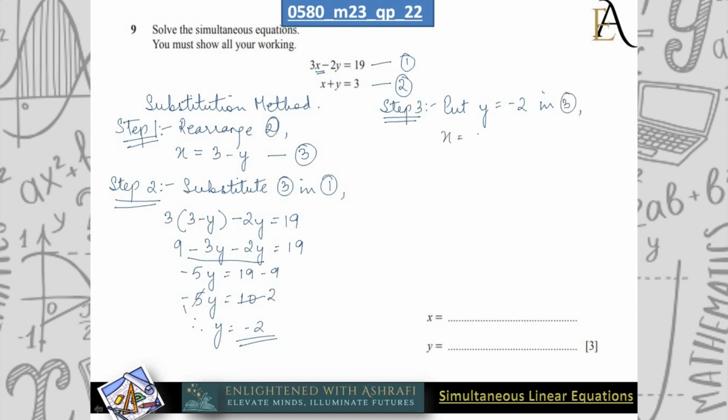So x equals 3 minus (minus 2), therefore x is equal to 3 plus 2, therefore x is equal to 5. So the value of x is 5 and the value of y is minus 2. Each step carries 1 mark.